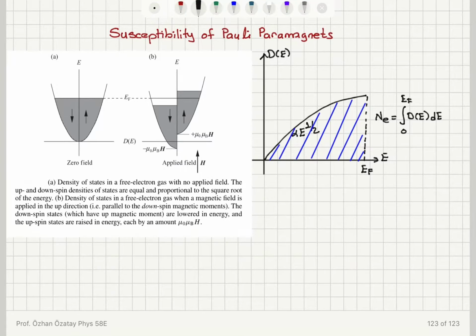Now we're ready to discuss the susceptibility of Pauli paramagnets, that is paramagnetism due to free conduction electrons.